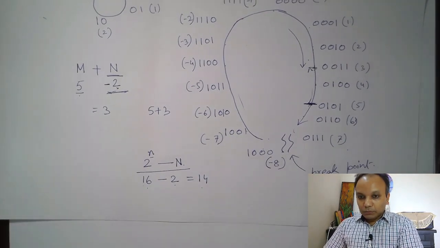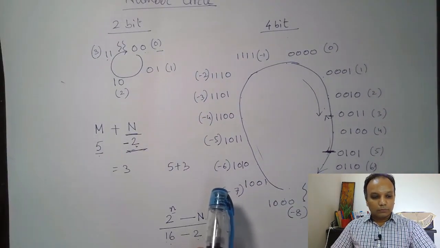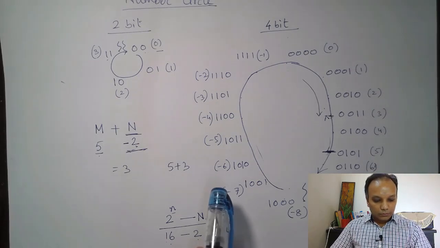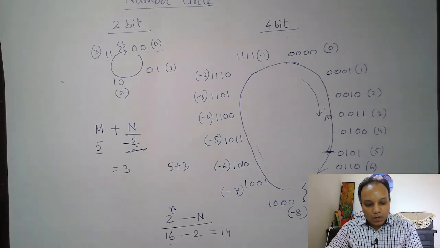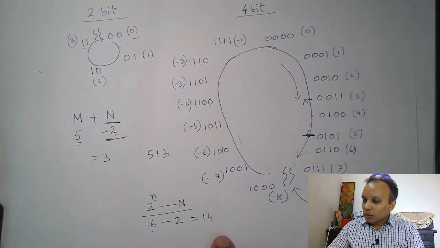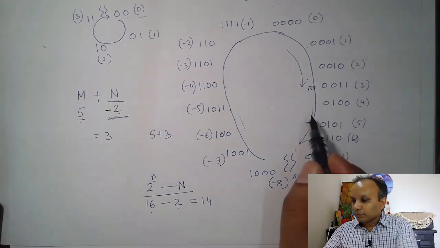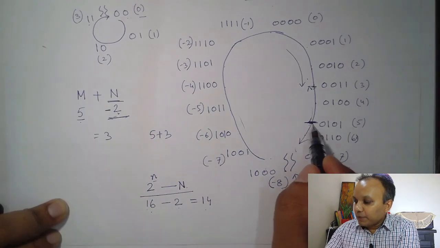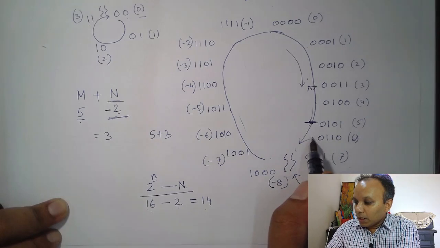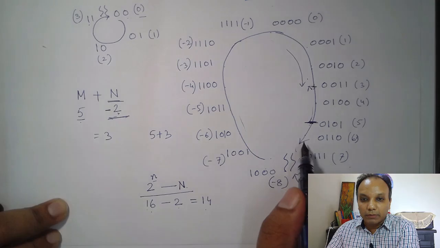This is a very, very important point, and we have to keep this in our mind. Now in this number circle, we have a breakpoint here. Let us say if I want to add two numbers, 5 plus 5. The answer is 10, but 10 is not there in our number circle.